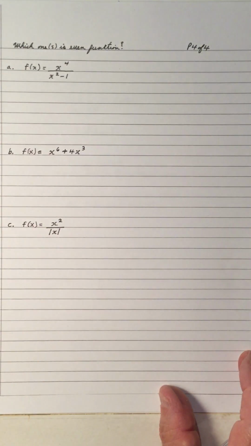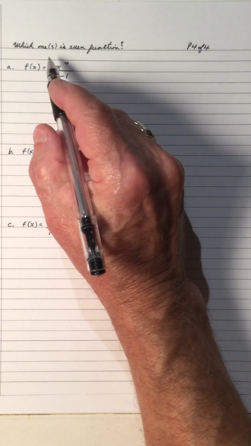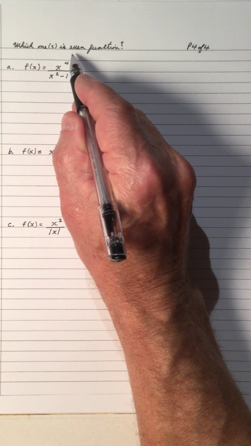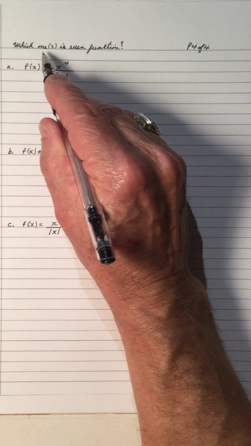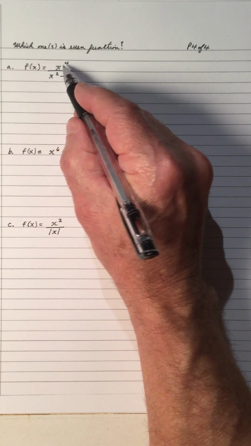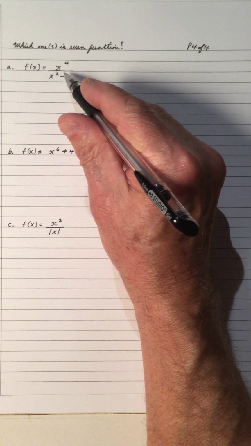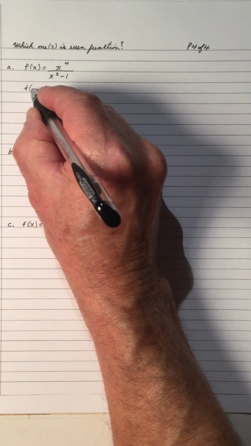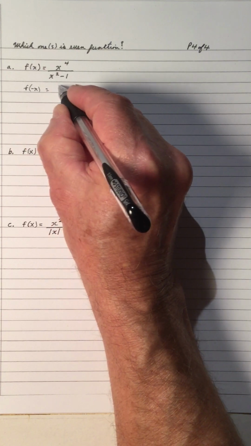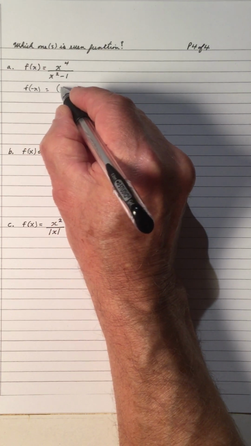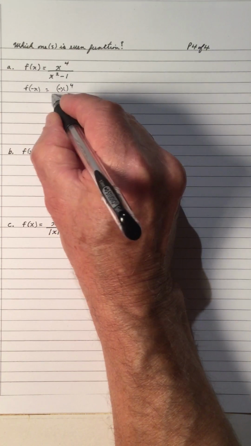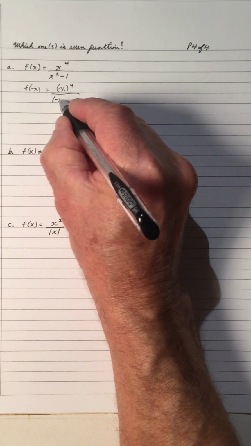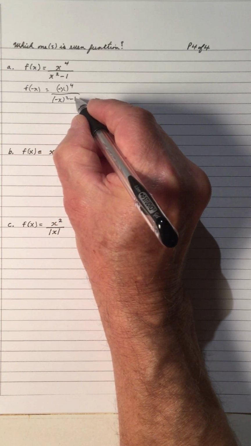Okay, let's continue. Just a question with a different variation. Which one or ones is an even function? So there could be even or not. So again, let's plug in the f of negative x into this equation. F of negative x: negative x to the fourth power, negative x squared minus 1.